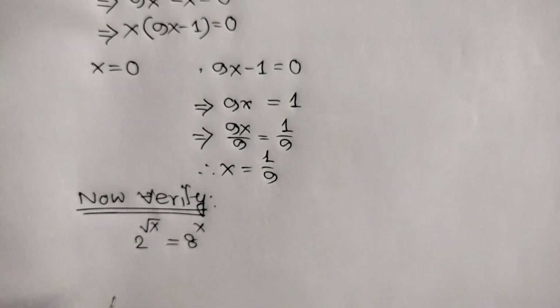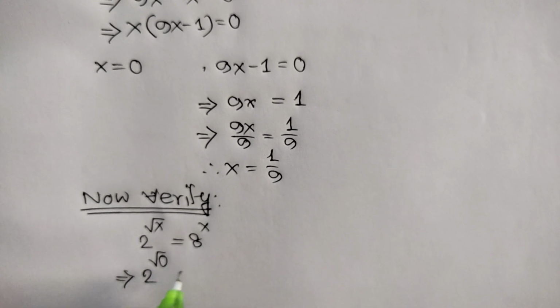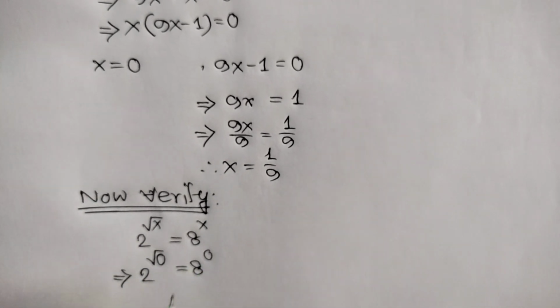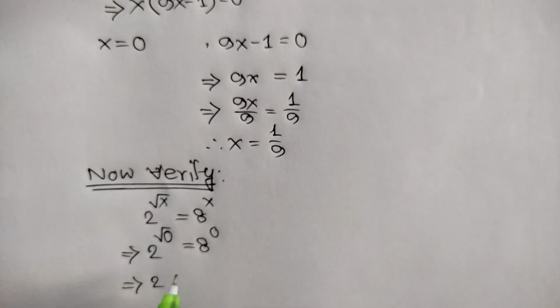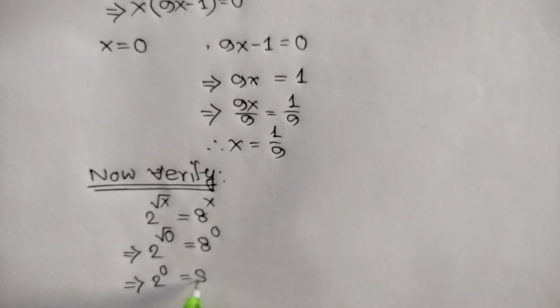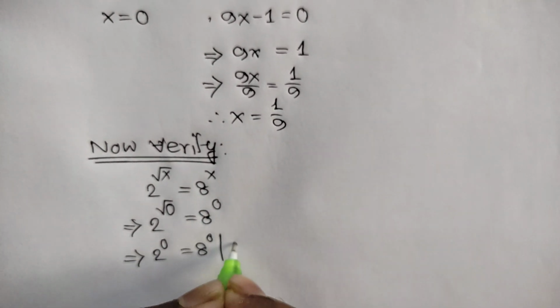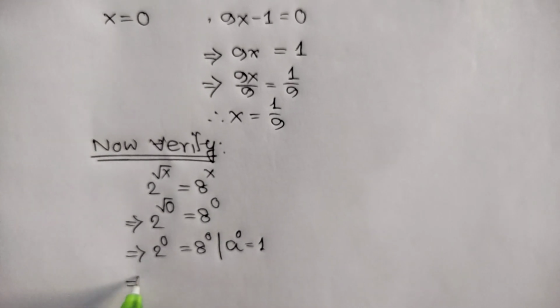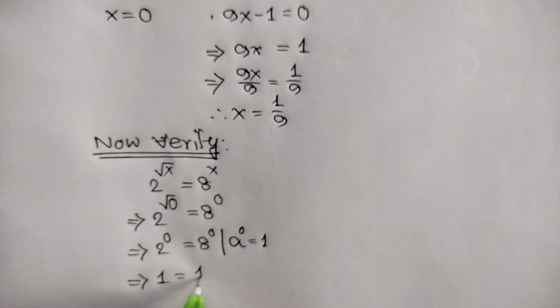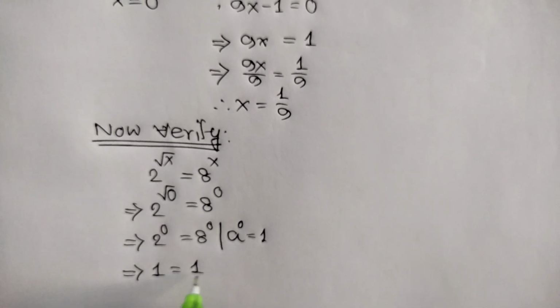When x is equal to 0, we can write 2 to the power square root of 0 is equal to 8 to the power 0. Or 2 to the power square root of 0, that means 0, is equal to 8 to the power 0. Now here we can apply this rule: a to the power 0 is equal to 1. So 1 is equal to 1. So left hand side is equal to right hand side.